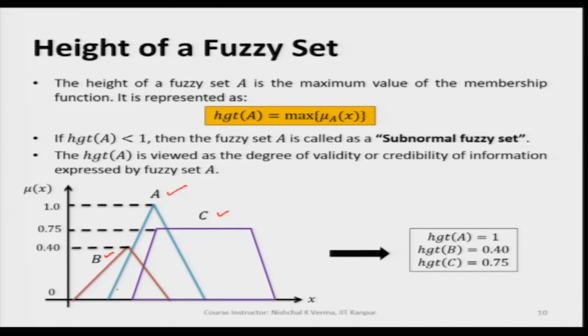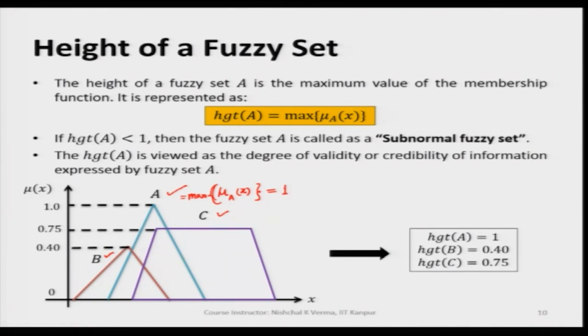If we take all the membership values corresponding to all the generic variable values, we will find the max of the membership values of this fuzzy set A. So, I can write it like this: if I have mu A of x, and if I take the max of this, I am going to get 1.